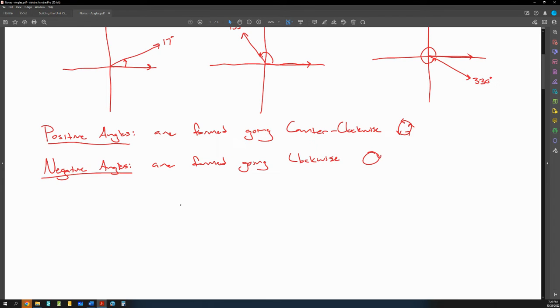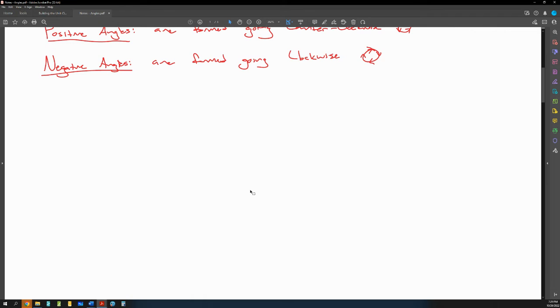Okay, so as we go around the circle, we're going in the clockwise direction for negative angles. Okay, so let's go ahead and draw an example of a negative angle. Let's use that example earlier where we were in quadrant 2. So if I were to start again on the positive x-axis, that's going to be my starting ray, and I go in the negative direction clockwise, we'll say 225 degrees. This would measure negative 225 degrees. And we know that it's negative because we're going in the clockwise direction.